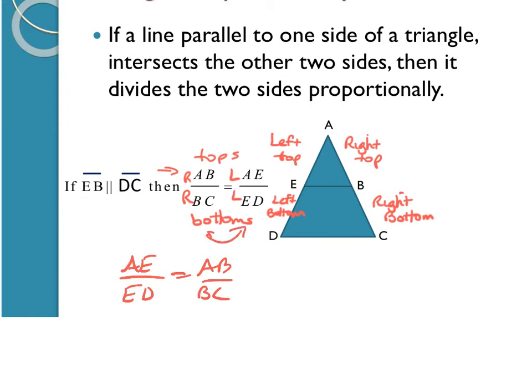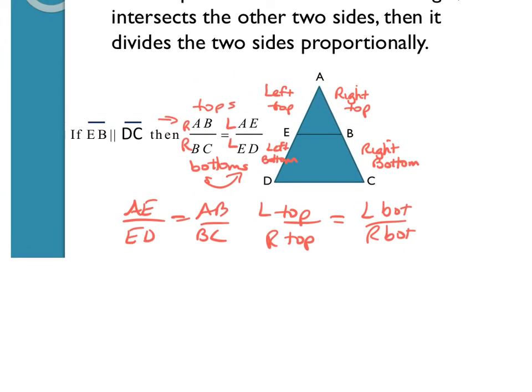Now, you can also do top over top, so I could do left top over right top, and then bottom over bottom, so left bottom over right bottom. I'm going to do these with the letters now. So let's say I'm going to do AE, which is my left top, over my right top, which is AB.